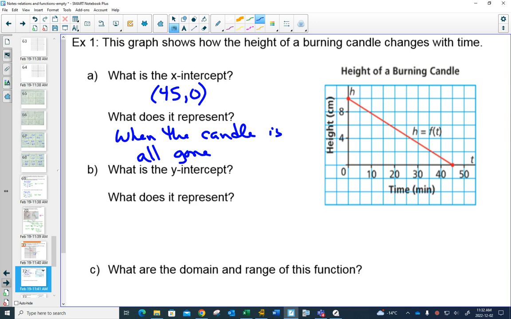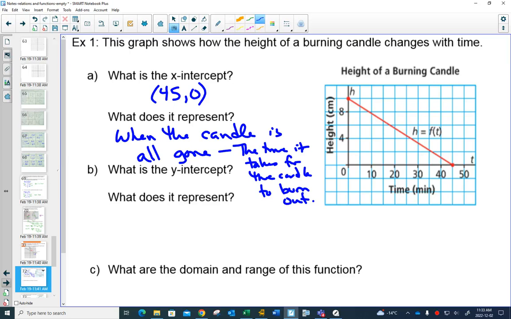In particular, the time it takes for the candle to burn out. Good words. It takes 45 minutes for this candle to burn up.